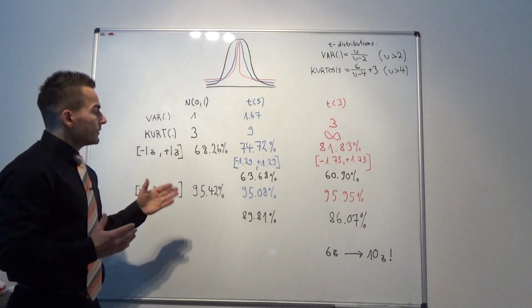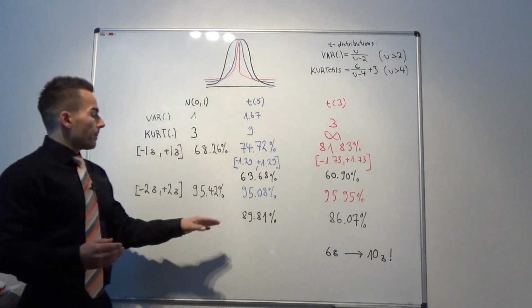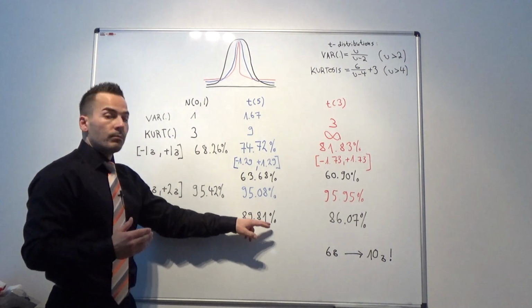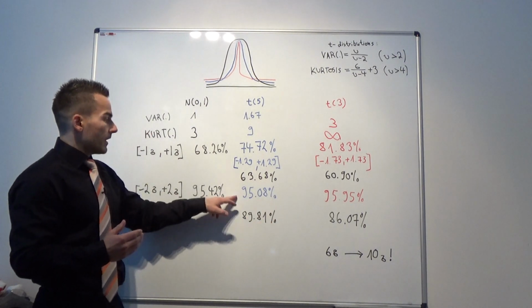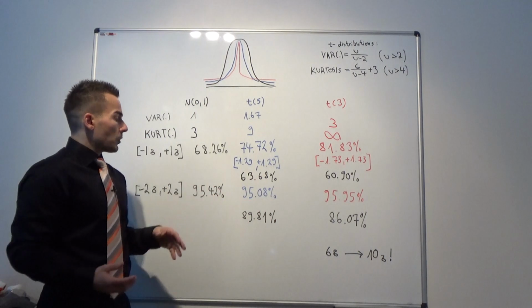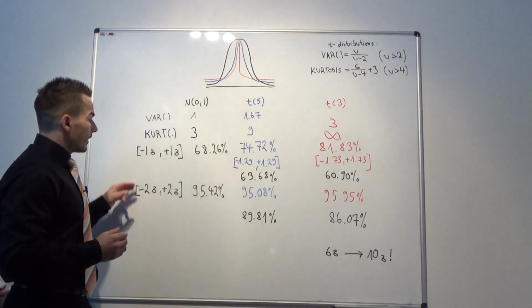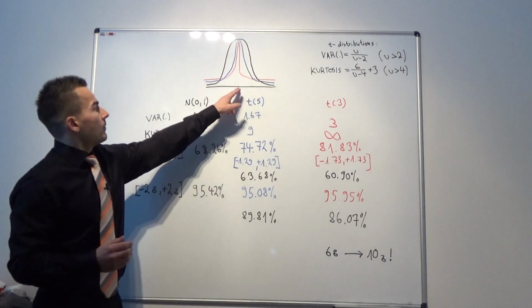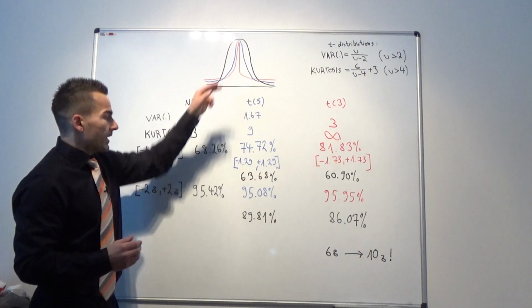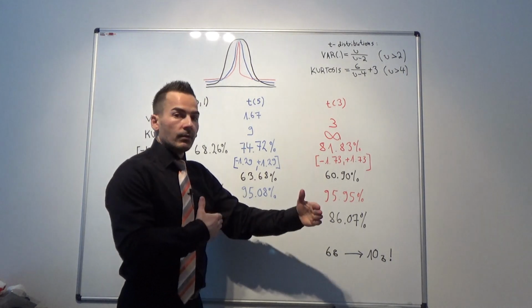If we would treat this distribution, the t-distribution with 5 degrees of freedom, as a normal distribution, we would get 89.81% of the probability mass instead of 95%. And for the t-distribution with 3 degrees of freedom, the difference is even larger. So if we take the standard deviation of 2 from the normal distribution, so if we check, okay, what happens between minus 2 and plus 2, but we take the integral not for the black line but for the red line, what we see is we have 86% of the probability mass in these boundaries.